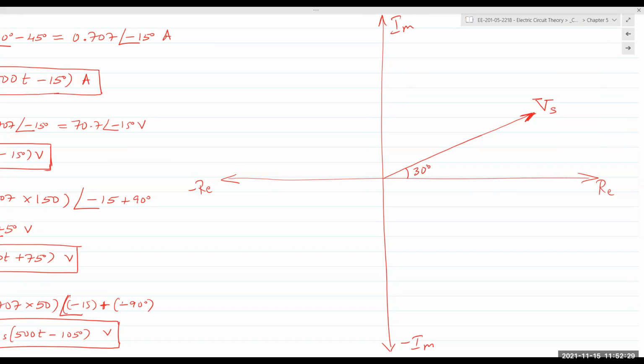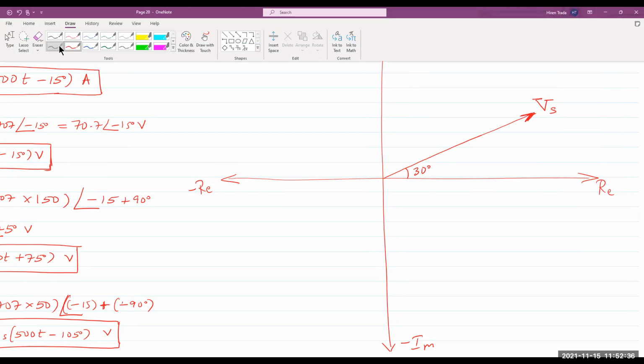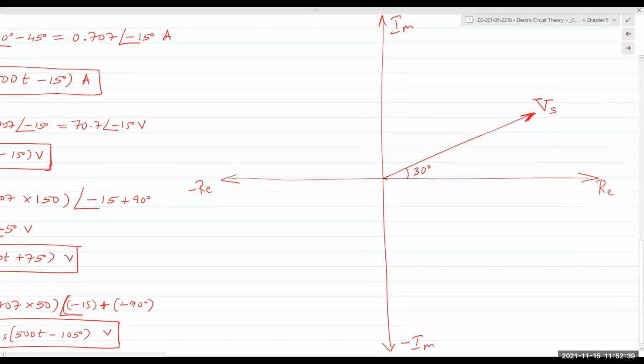So minus 15 starts from the real axis into the fourth quadrant, and is somewhere here. And the magnitude of the current is just 0.707 compared to the magnitude of VS, the source, which is 100 volts. It is very, very small. So again, I'm going to enlarge it just for effect.